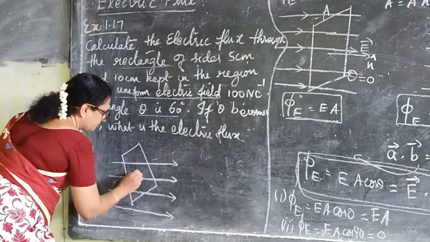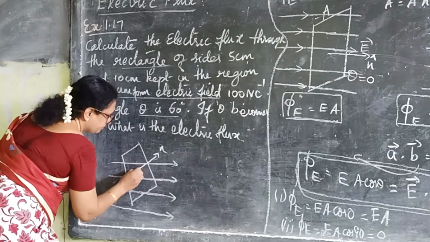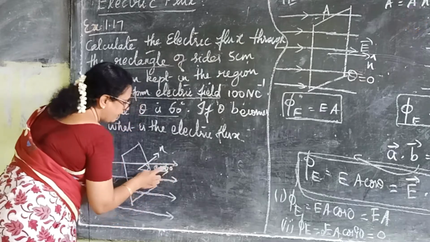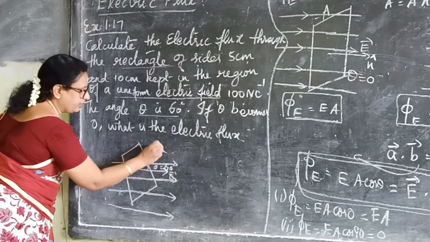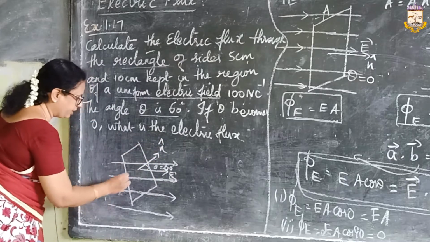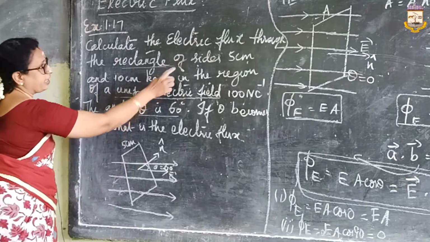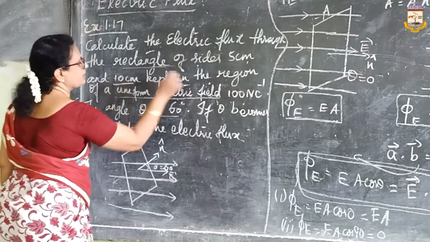This angle theta is 60 degree. Angle theta is the angle between the electric field vector and the direction of the area vector, and it is 60 degree.